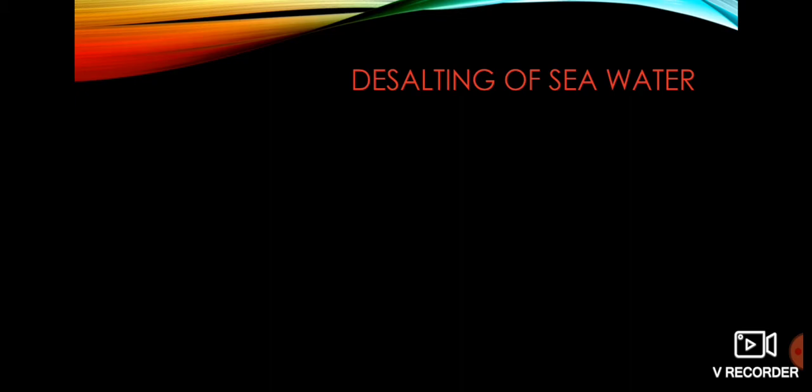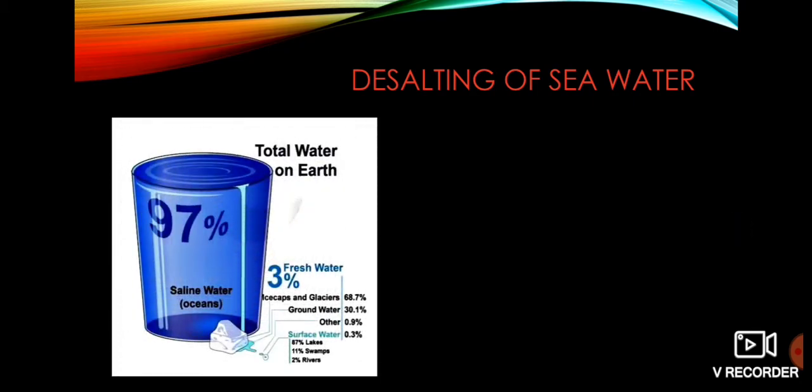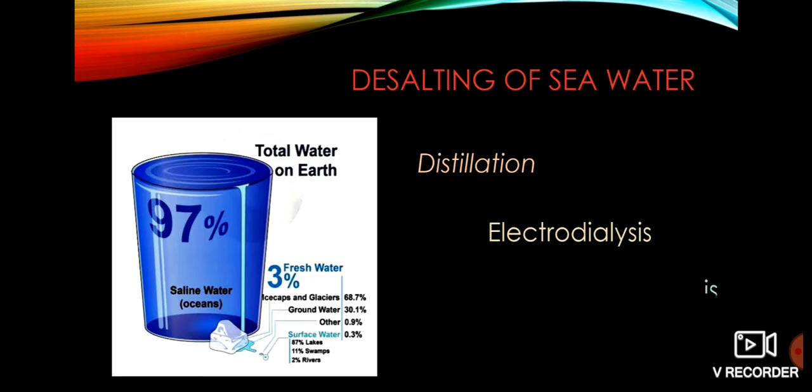So, in several places, seawater or saline is treated into pure potable, that is drinkable water. There are three main methods used for desalting of seawater. The first is distillation, then electrodialysis, and finally RO or simply reverse osmosis.